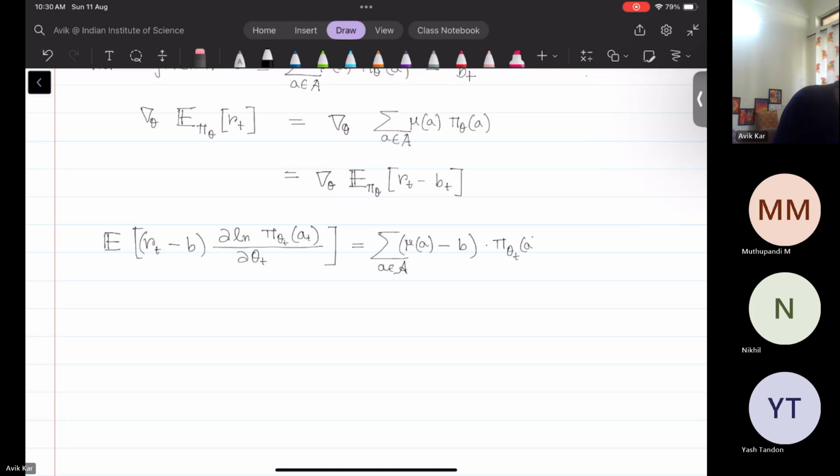Here theta t is not a random variable on which the expectation is taken; theta t is some constant parameter.